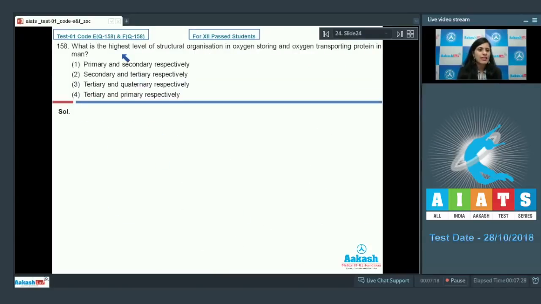Question number 158. What is the highest level of structural organization in oxygen storing and oxygen transporting protein in men? Now, first of all, we must know what these oxygen storing and oxygen transporting proteins are. The oxygen storing protein is myoglobin, whereas the oxygen transporting protein is hemoglobin.